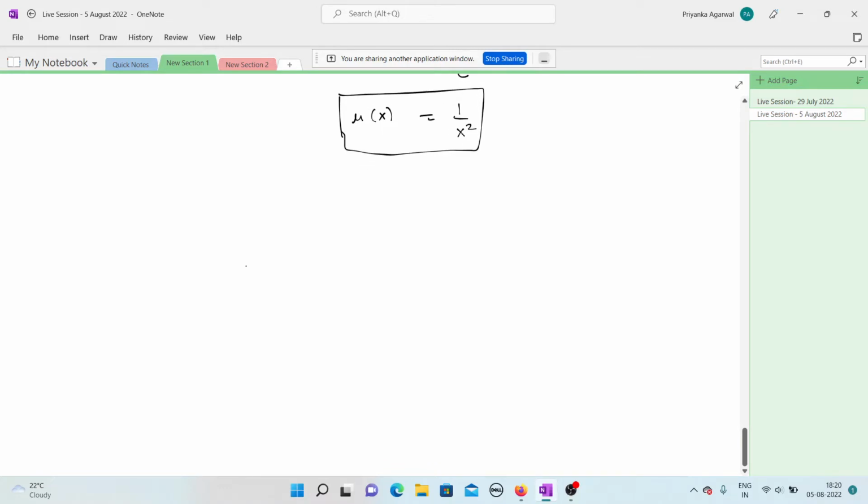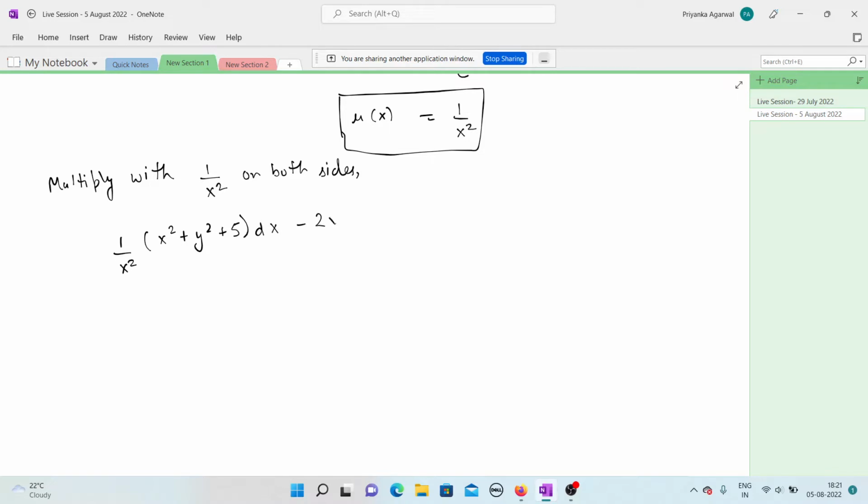If you multiply this given differential equation with this integrating factor, the equation will become (1 plus y square over x square plus 5 over x square) dx minus (2y over x) dy.